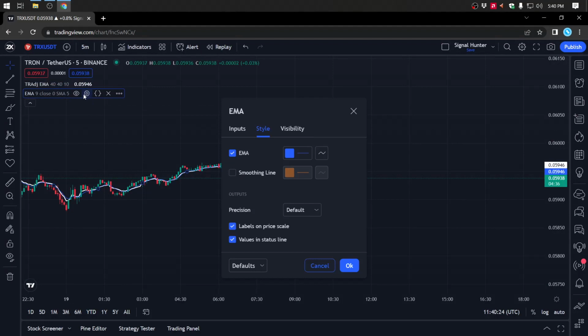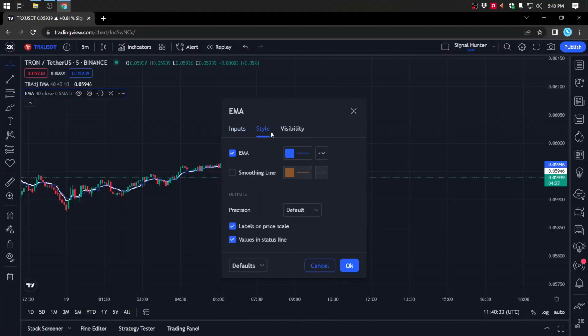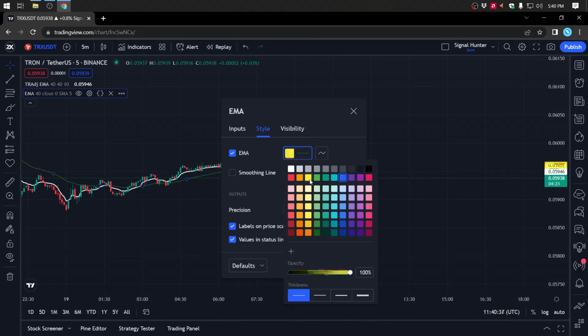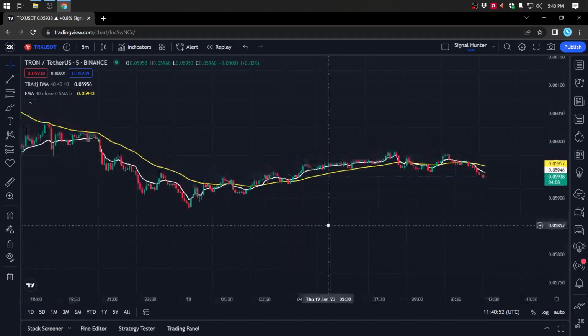I simply go to the EMA indicator settings, and from the input settings the length will be 40, and from the style tab I want to change the EMA color to yellow. Also I want to change the thickness as well. Alright, our trading environment is ready and it's ready to catch signals.